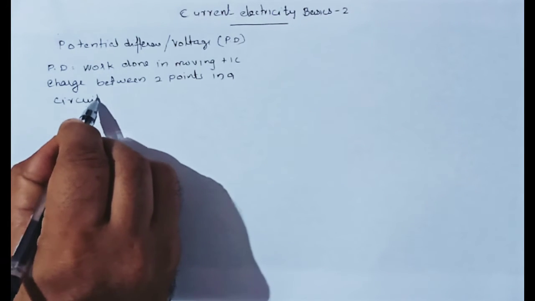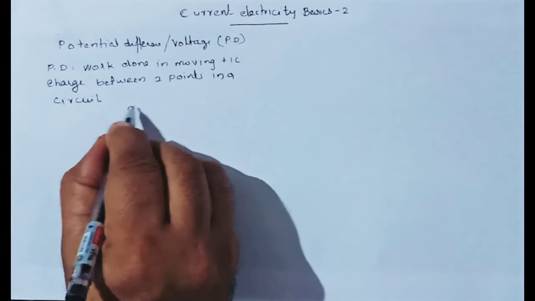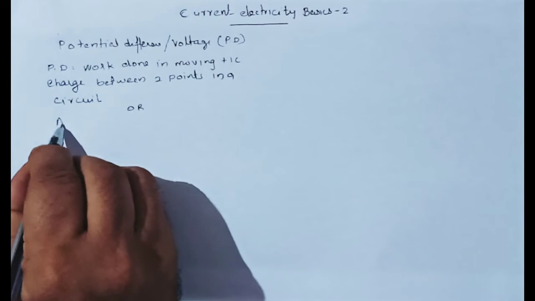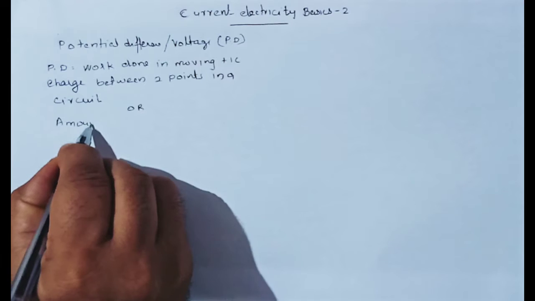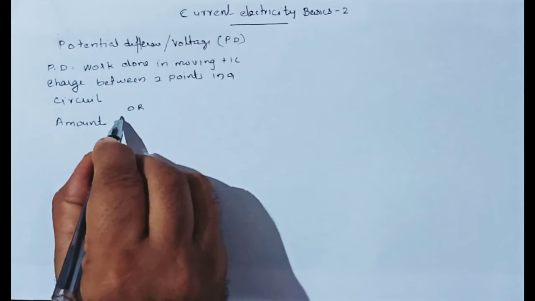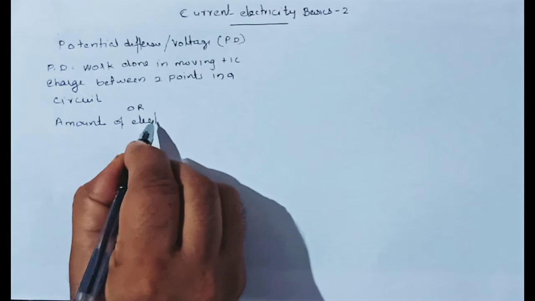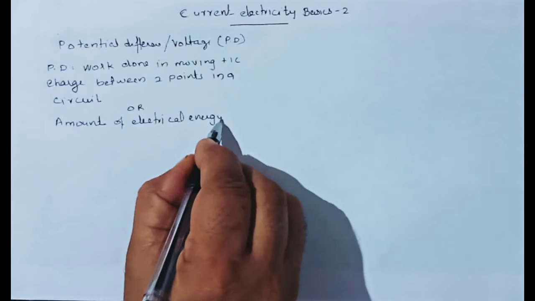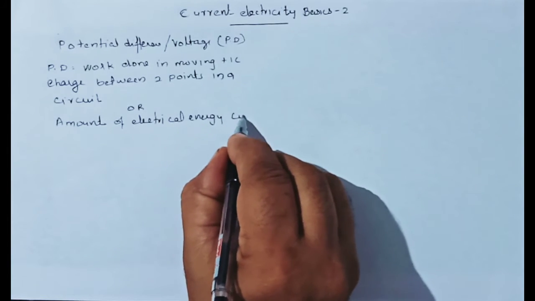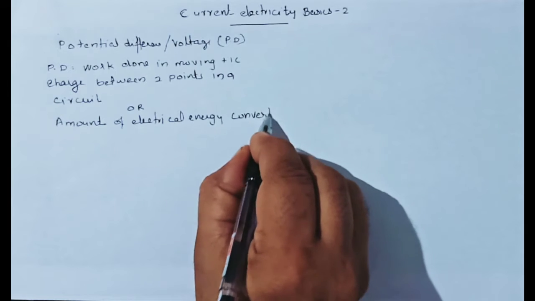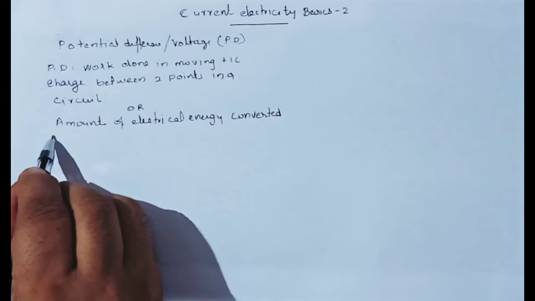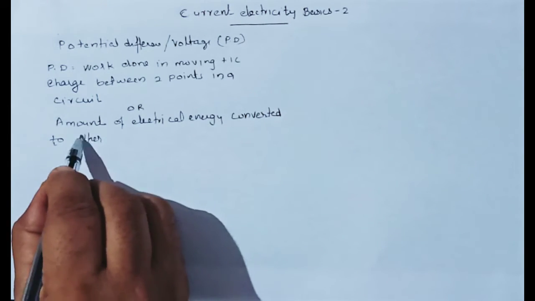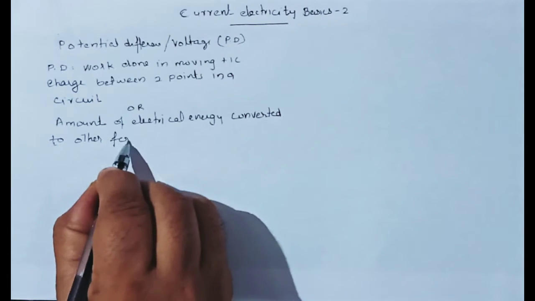Or if you want to put it in a different way, you could also say the potential difference between 2 points in a circuit is the electrical energy which is being converted into other forms of energy when plus 1 coulomb charge passes between those 2 points.